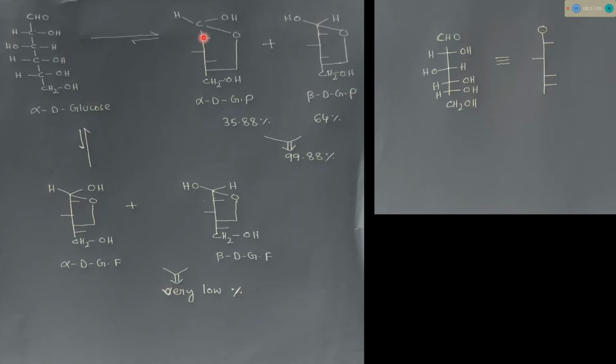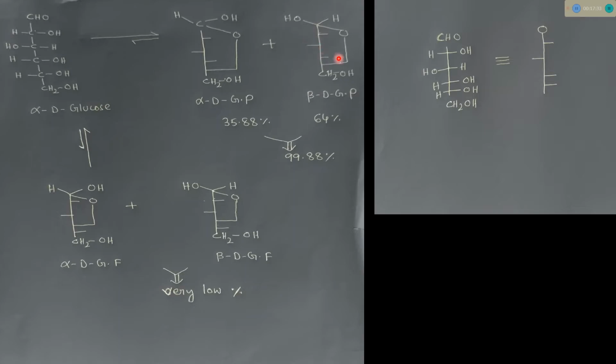This 2,3 is also 1,2 but trans. This 3,4 hydroxyl also 1,2-diol but in trans fashion. See the beta anomer. This OH and this OH are in 1,2 positions but still they are trans. This OH and this OH are 1,2 position but still trans.